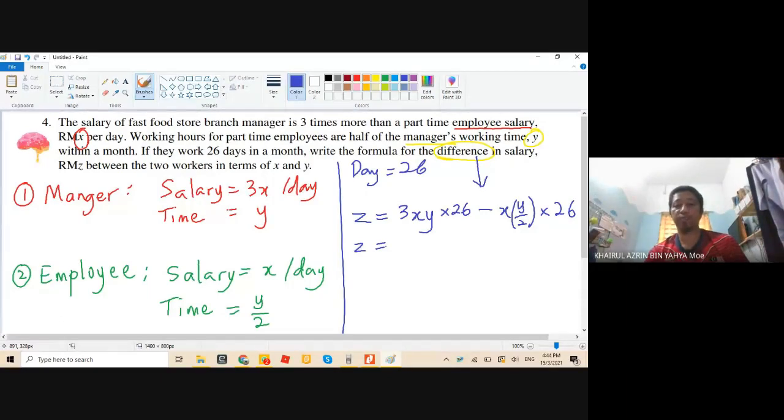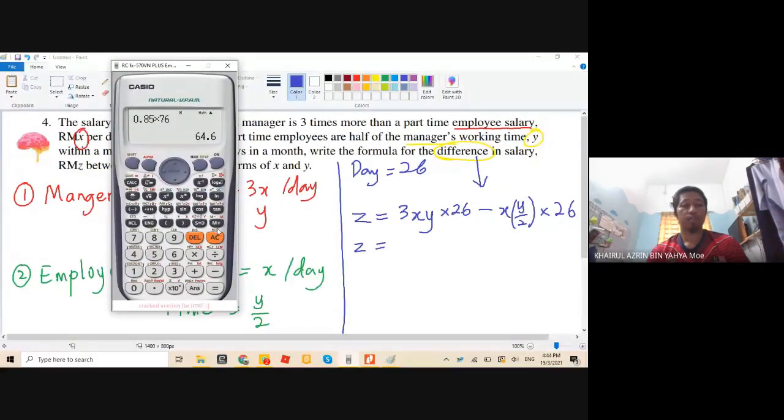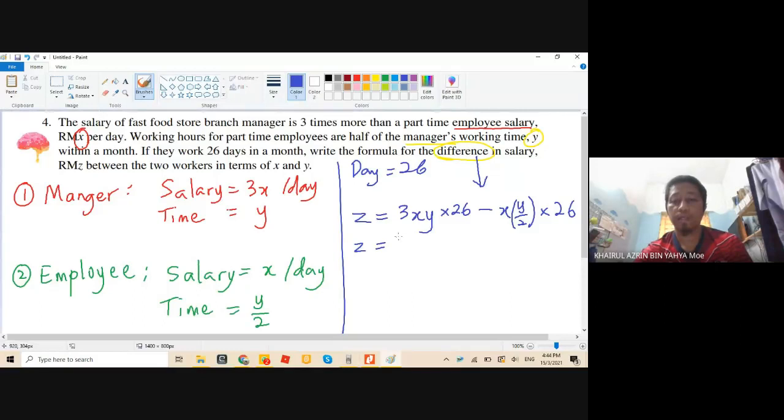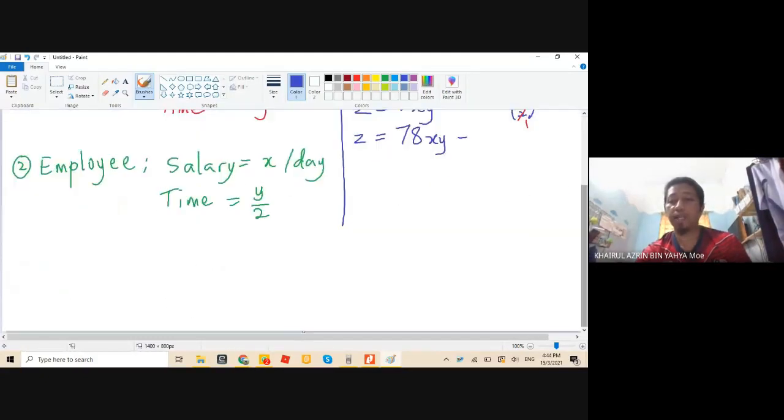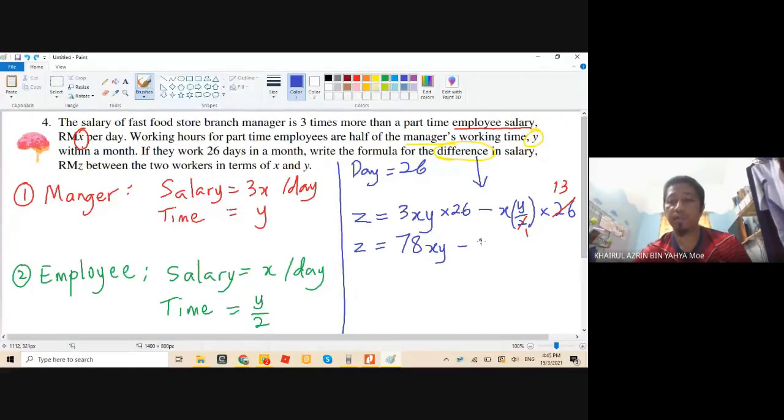3X times Y times 26. I use this calculator. 3 times 26 equals 78, so 78XY. Minus this one, I think I can calculate myself. 26 divided by 2 is 13, so we write 13XY.